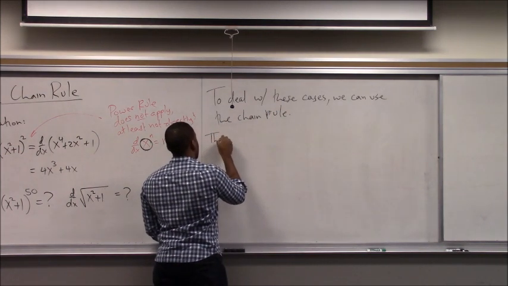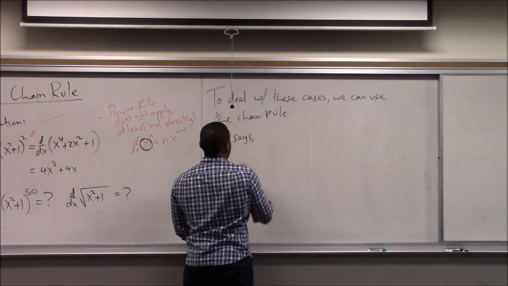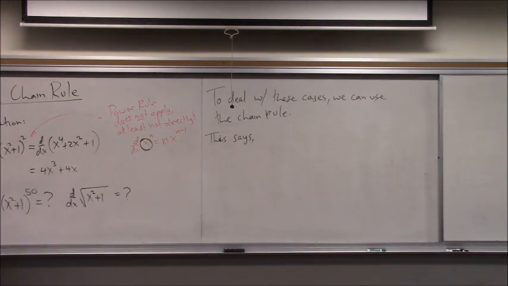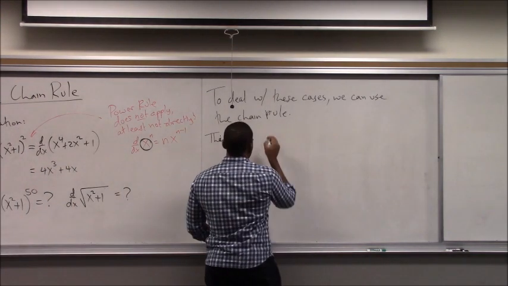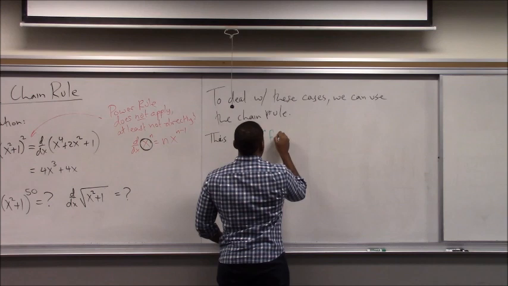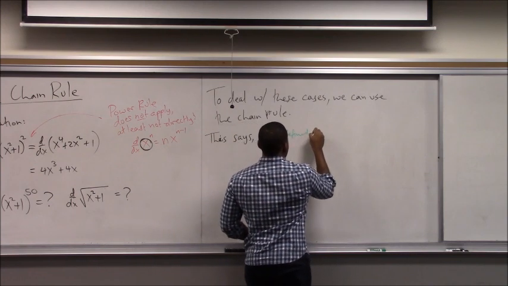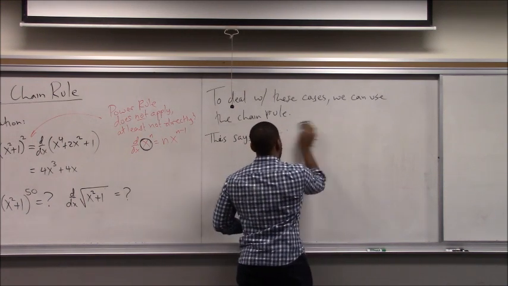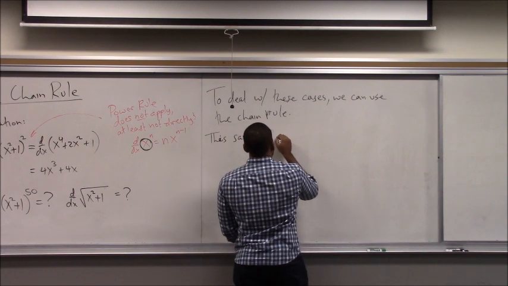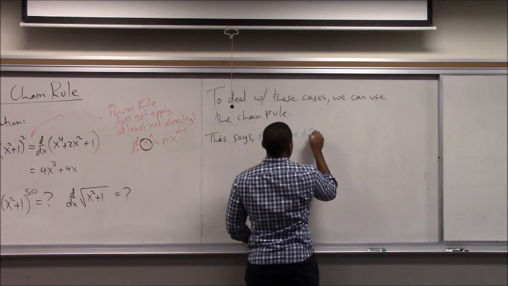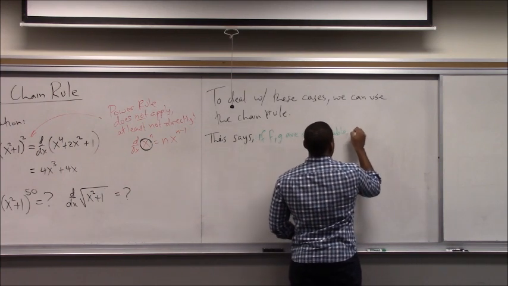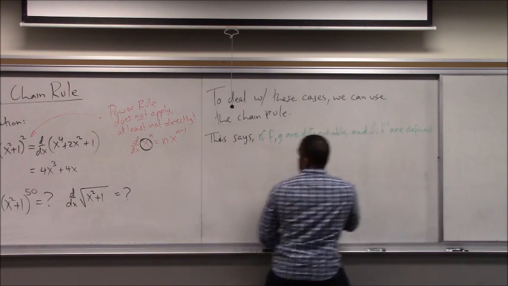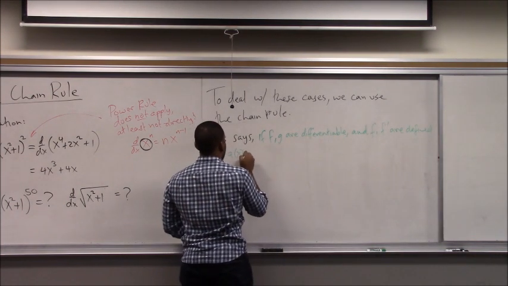So this says, and of course you're never going to have to worry about this, but I guess we have to say it. Suppose f and g are differentiable, and f prime is defined at g of x.